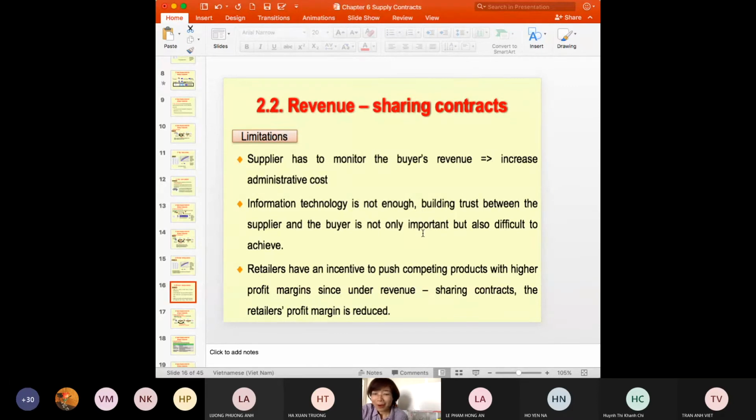So I just tell you that the buyer, like a retailer, is very smart. We must use technology to manage, not rely on trust between the supplier and buyer.